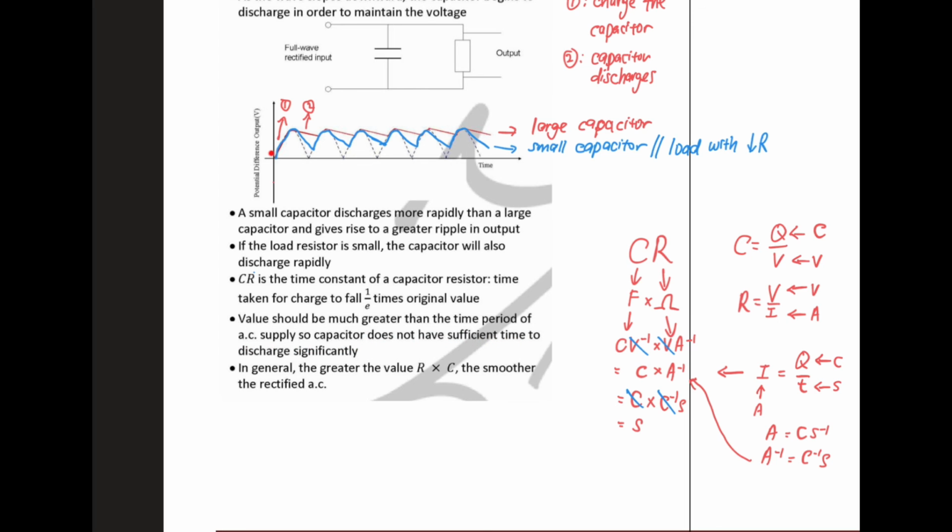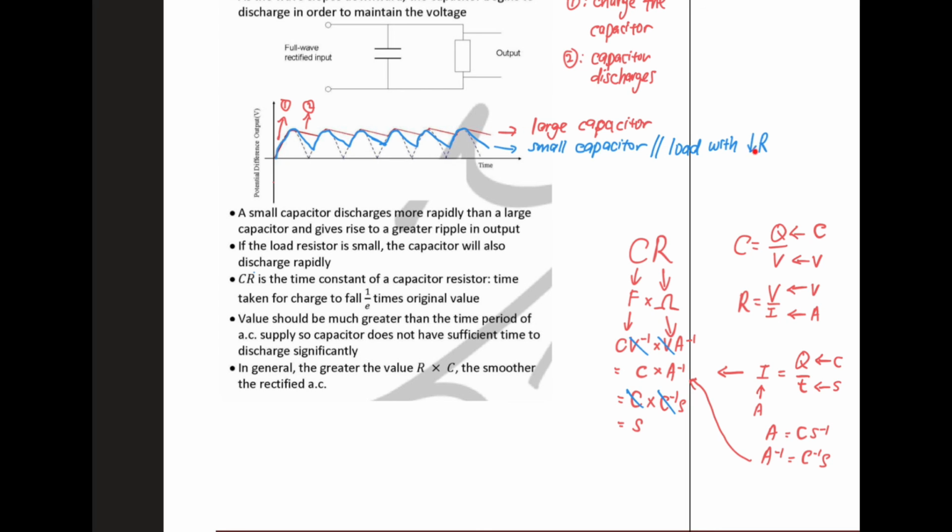That means we don't want the blue color graph to happen, where it discharges a lot and makes the output very bumpy. To avoid this, we have to use large CR. The design must be large CR. R must be big enough, C must be big enough, and then it will follow the red graph.